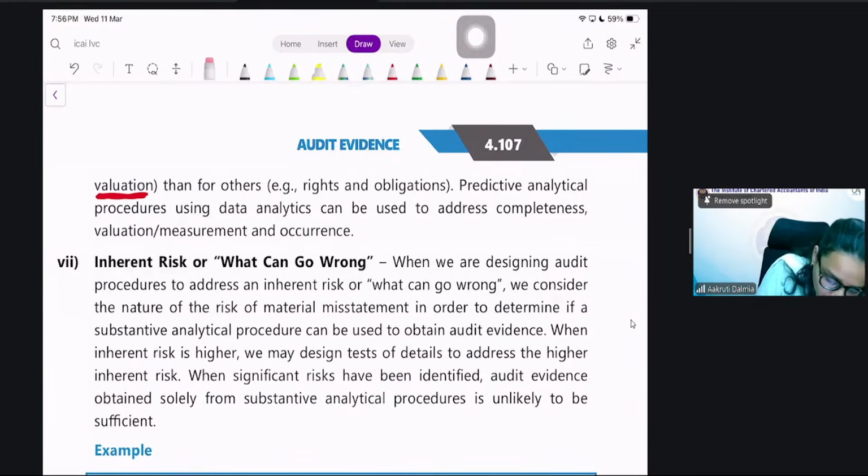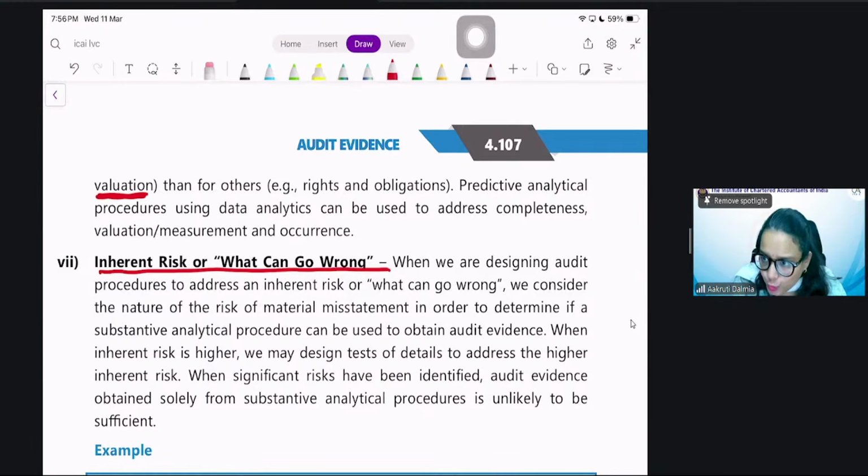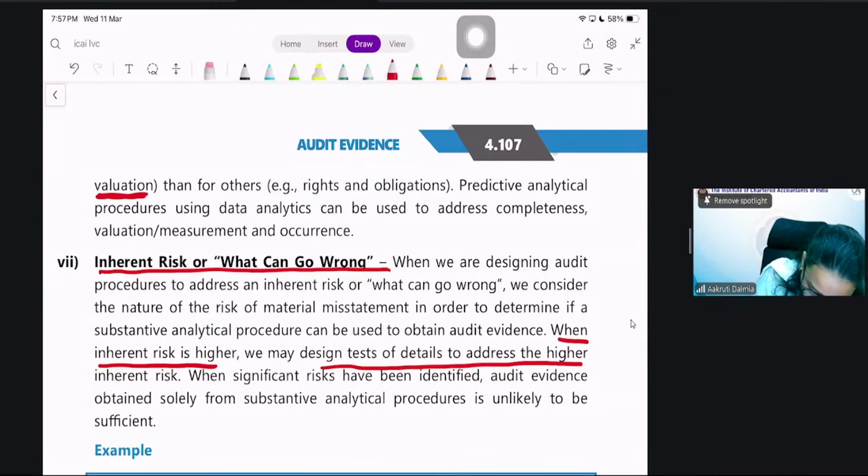Last point is inherent risk. You tell me, if the inherent risk is very, very high, will you use only substantive analytical procedure? Simple. When the inherent risk is higher, we may design tests of details to address the higher risk.